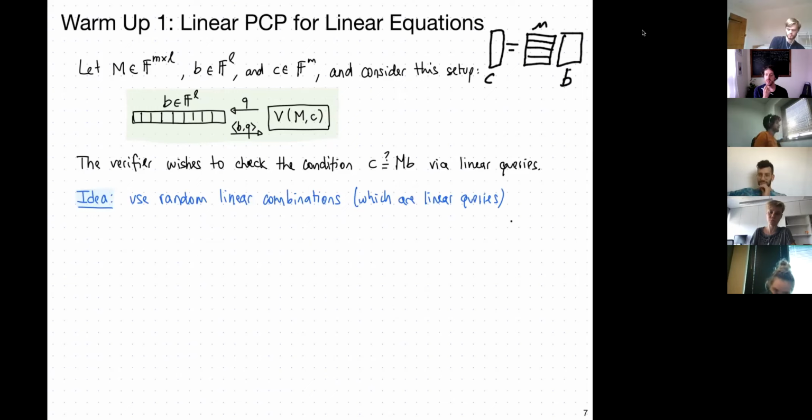The idea would be to use a random linear combination, which is exactly what we've done before. It's a recurring thing: when we want to solve a problem that has many instances, we combine them to reduce the amount of work that we're doing.